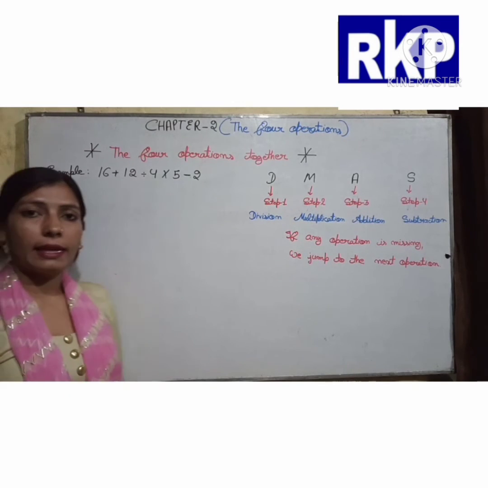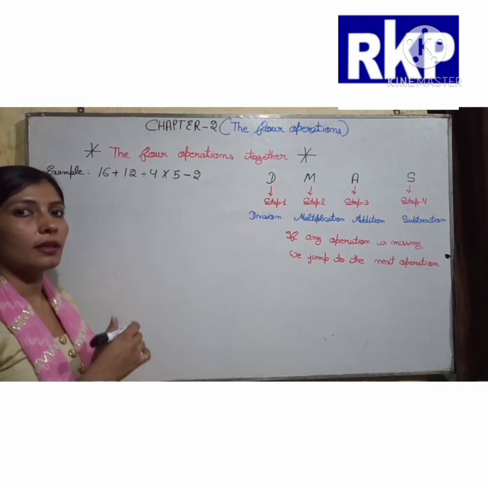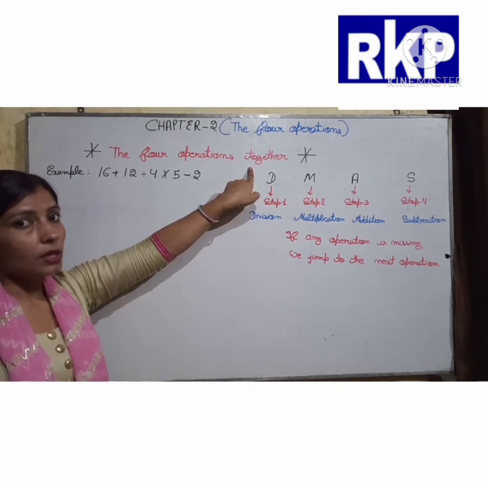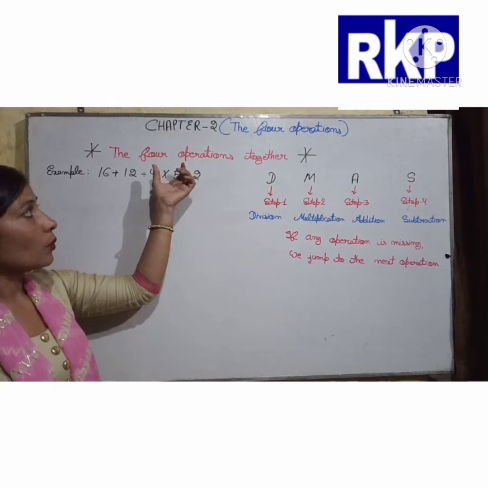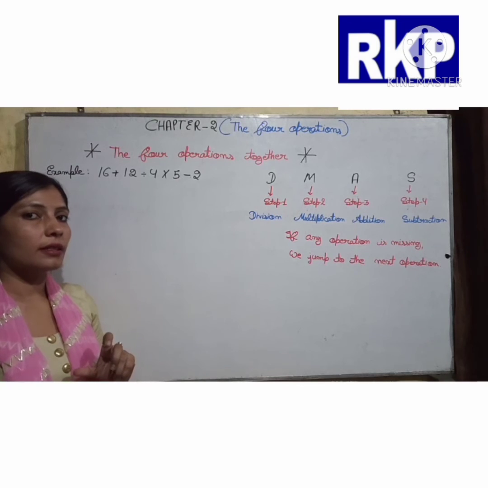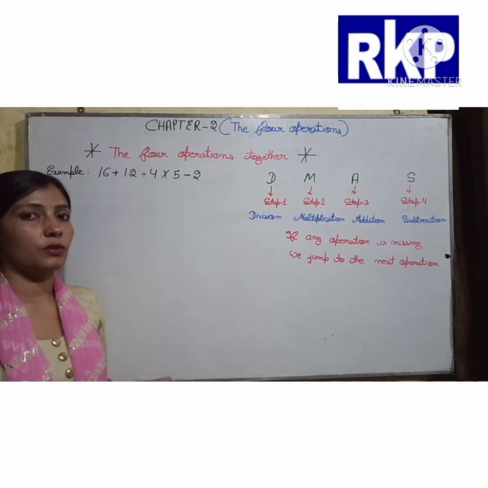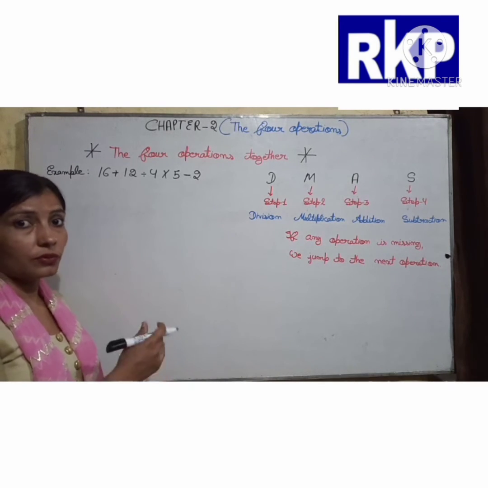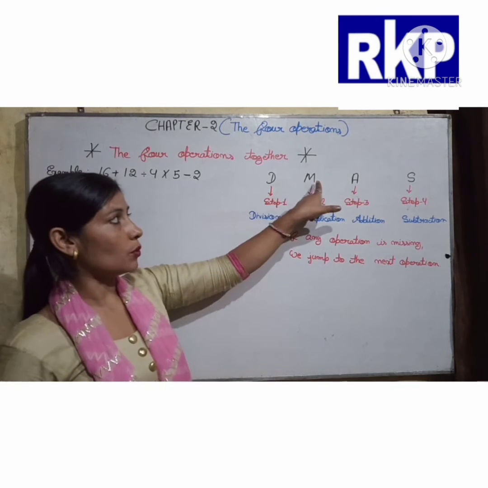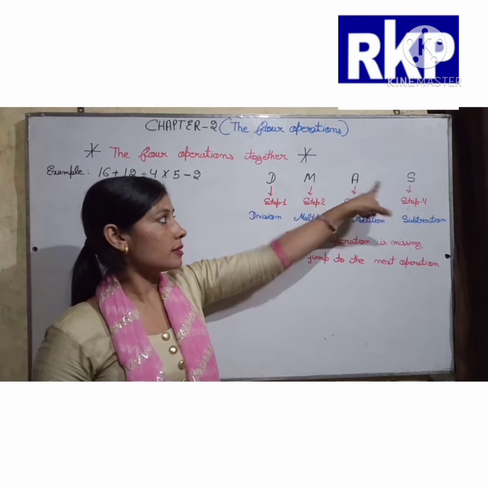Now students, let us revise our today's last topic, and that is the 4 operations together. Students, if we have 4 operations, means addition, subtraction, multiplication and division, these 4 operations together in a question, then what we will do beta? Then we have to use this rule, DMAS rule.